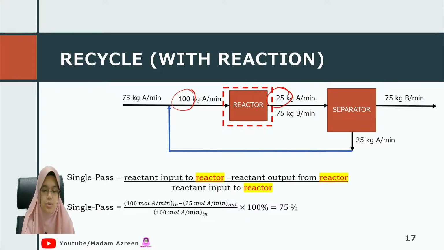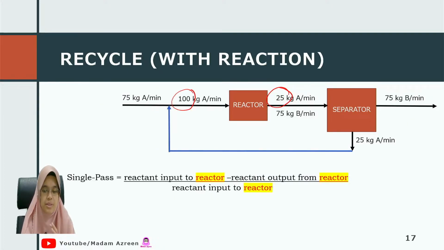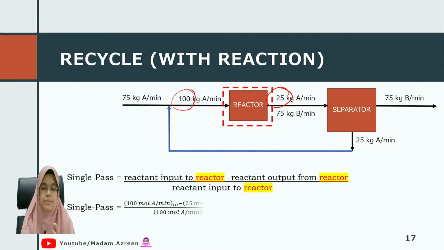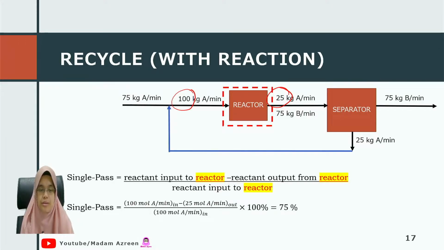So we have 100% overall conversion, and for the single pass conversion we have only 75%. I really hope that you can differentiate between single pass conversion and overall conversion.